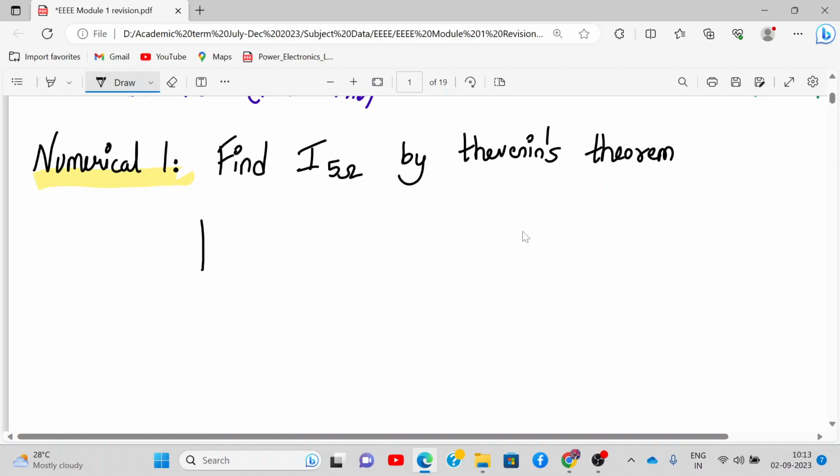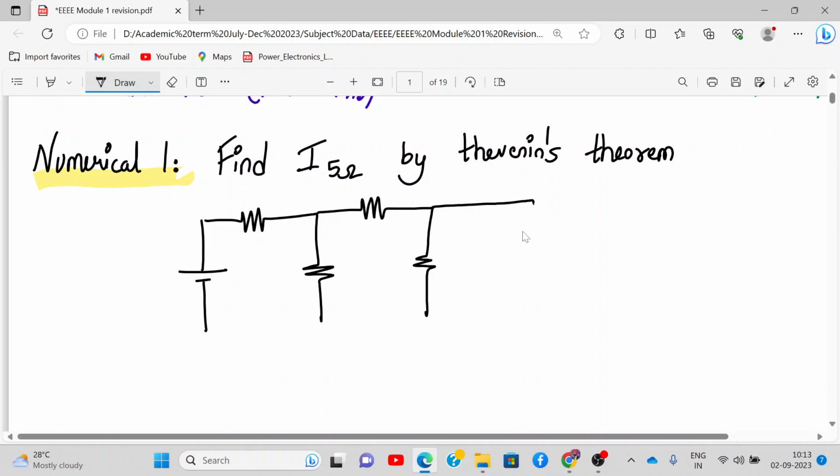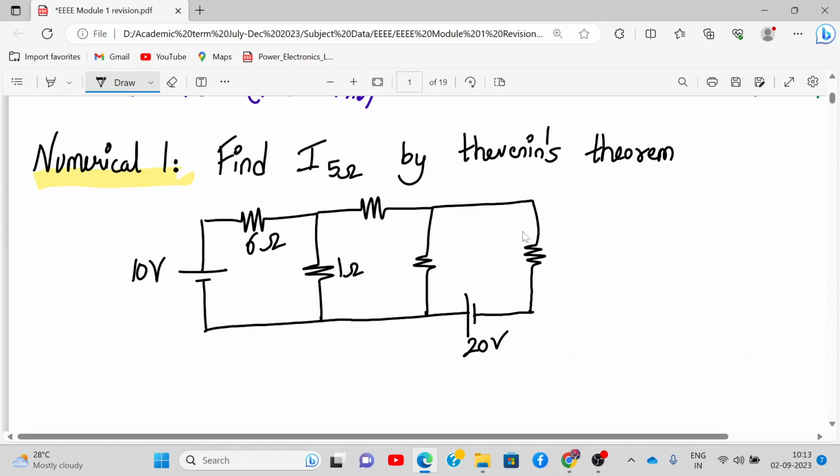And this is my circuit. Please draw the circuit along. Here we have a voltage source 20 volt. This is 10 volt, 6 ohm, 1 ohm, 2 ohm, 3 ohm, and this is 5 ohm.